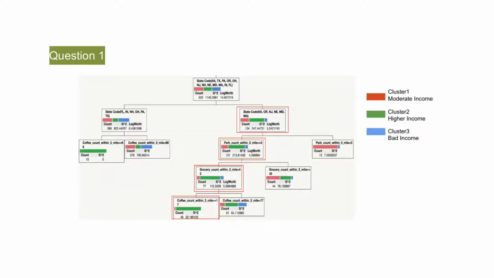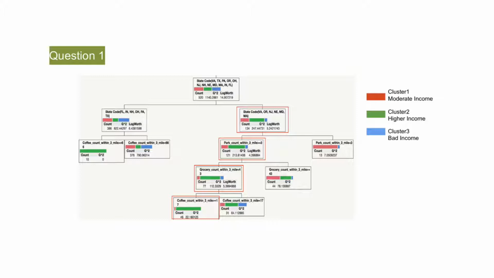Then we conducted partition analysis to decide the variables that are good geographic characteristics. From the decision tree analysis above, we can see that states VA, OR, NJ, NE, MD, and MA have higher income chain restaurants.